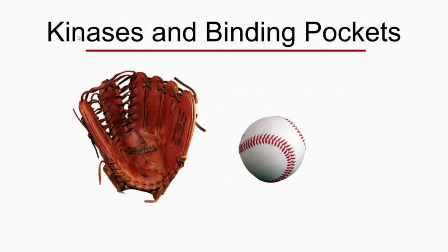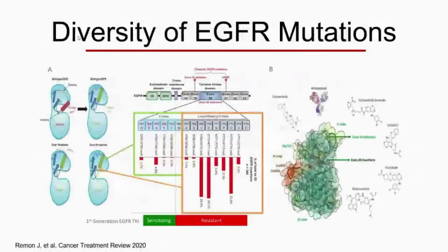If you look at the next slide, this is a more complicated way of looking at it, but it's depicting that same thing: the different mutations along the EGFR gene create different pockets, and these are just illustrations of what those pockets look like on a molecular level.